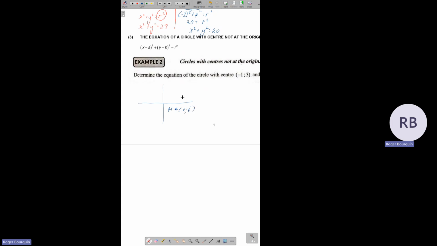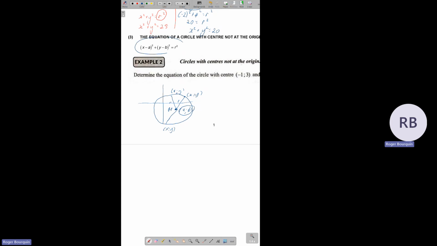So here's your center, and you have a circle going around that. The x coordinate of the center is called A, and the y coordinate of the center is called B. There's a unique value for A and B, but there's an infinite number of x and y points on the circumference, at a distance of radius r, just like on normal functions. Circles are no different. x and y are any point on the circumference of the circle.